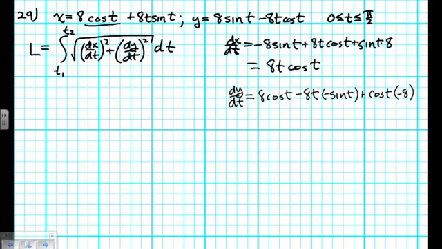And if we do that, these two cosines cross out, and we end up with 8t sine t, because this is 8 cosine t, and this is cosine t times negative 8.